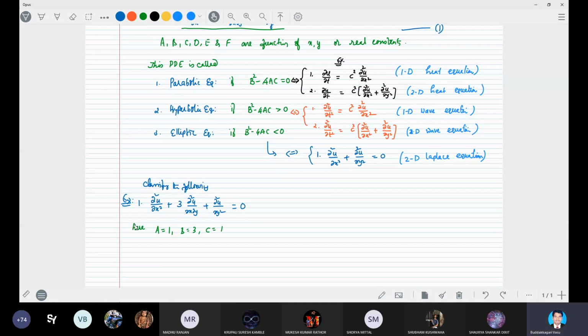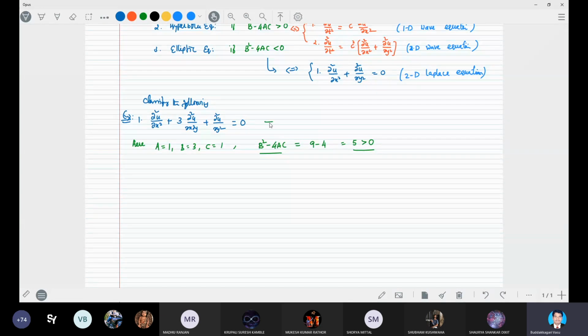So therefore, b square minus 4ac is equal to 9 minus 4, which is 5, greater than 0. So where b square minus 4ac is greater than 0, it is said to be a hyperbolic equation.